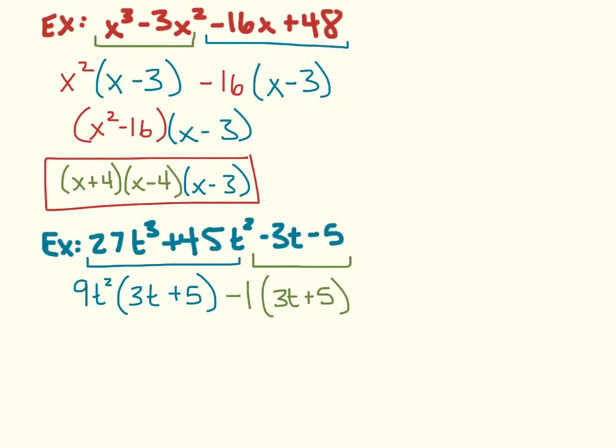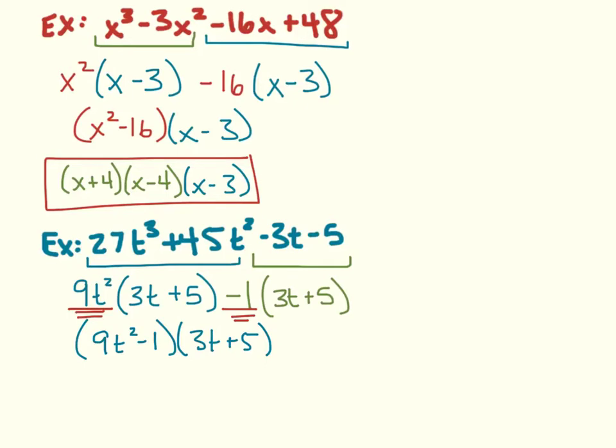Which is exactly what I needed to do because I saw this 3t plus 5 and I knew that this needed to be 3t plus 5. So now I have 9t squared minus 1 times 3t plus 5, because the outside things came together to be 9t squared minus 1.